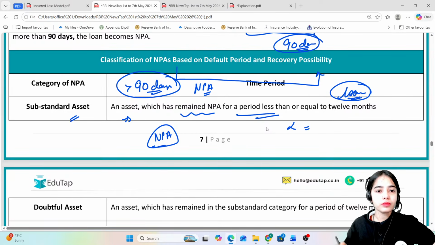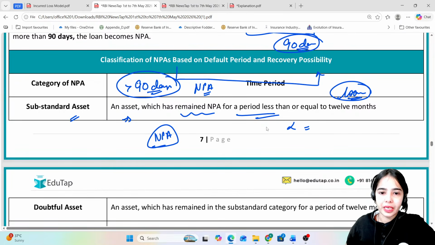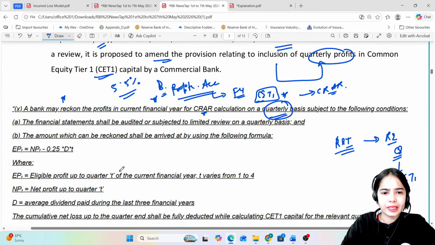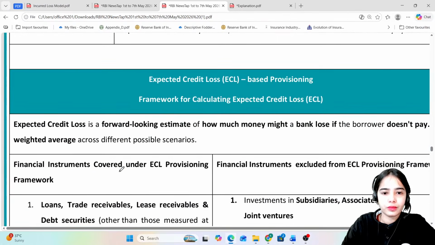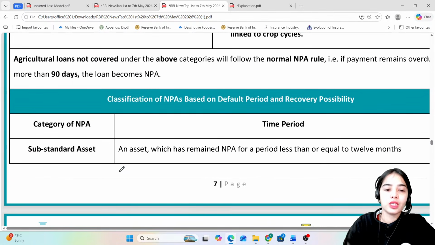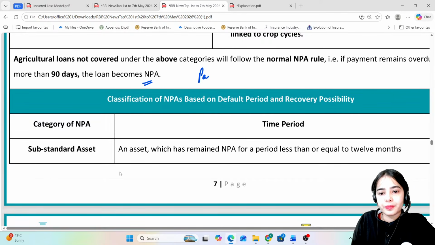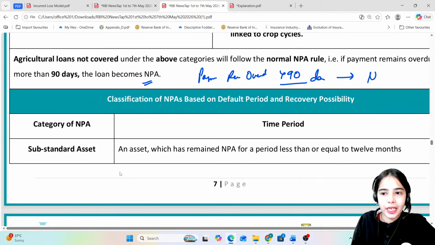So if the payment remains overdue for more than 90 days, the loan becomes NPA.